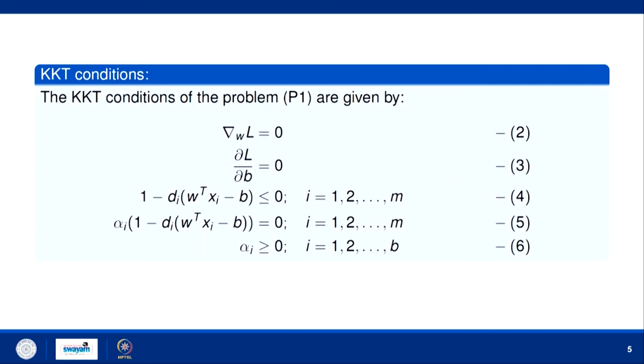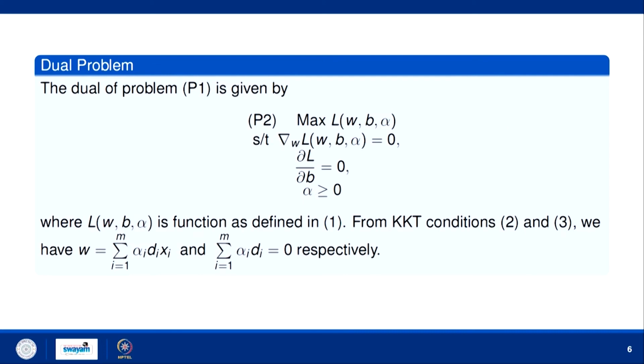Then the KKT conditions of problem P1 are del L by del W equal to 0 and del L by del B equal to 0, which we have already discussed. The dual of the problem P1 is given by this format: maximizing the Lagrange function subject to gradient with respect to W of L being 0, del L by del B equal to 0 and alpha greater than or equal to 0.